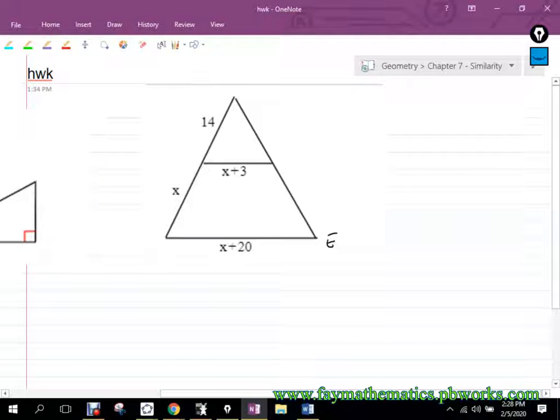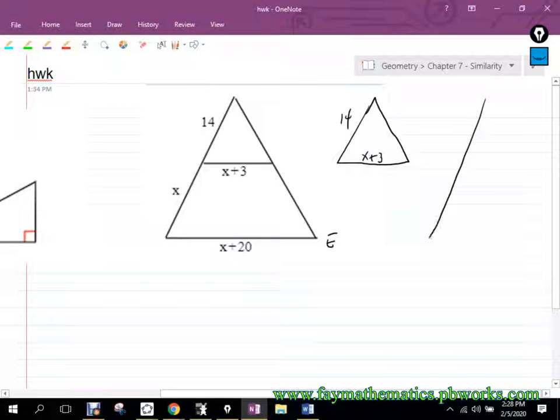Okay? I'm not saying the way I do it is right or wrong. I just think it's easier for me. I like to separate the triangles. So I'm going to redraw this top triangle with the 14 and the x plus 3 there. And then we'll look at the bottom one, or the overall one.